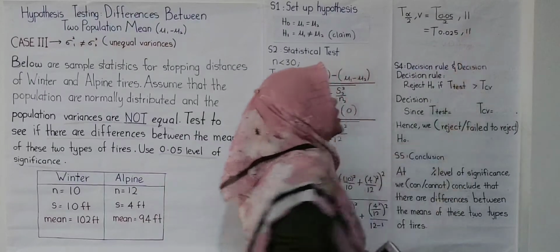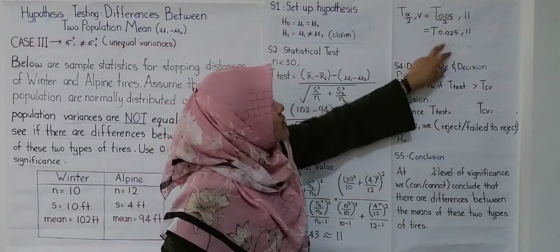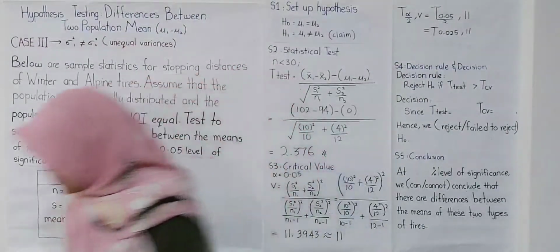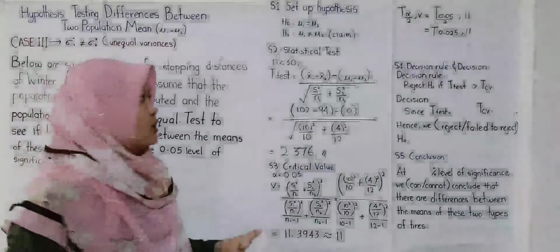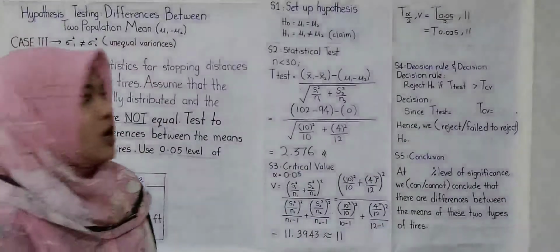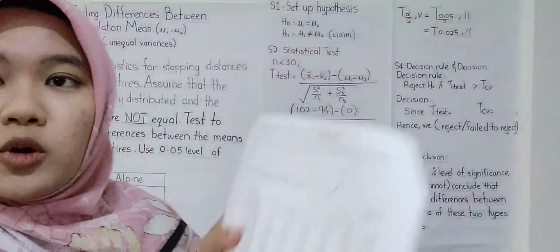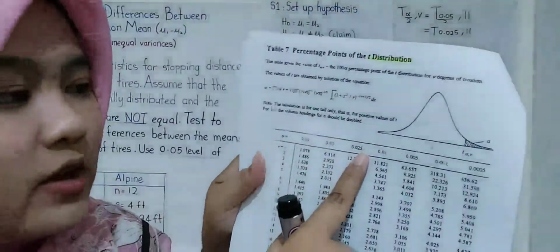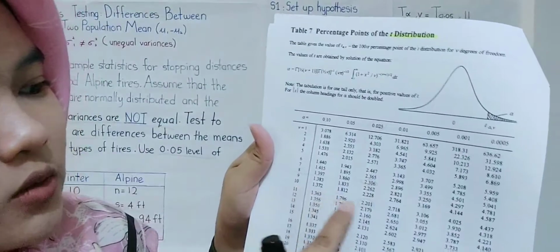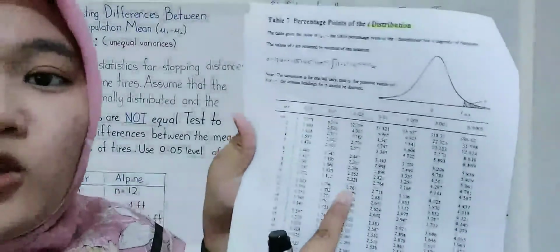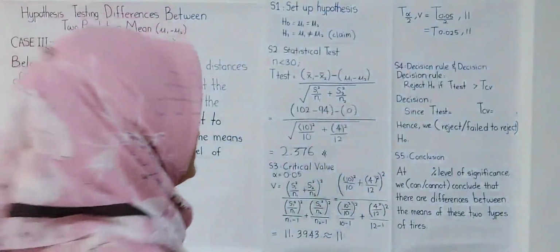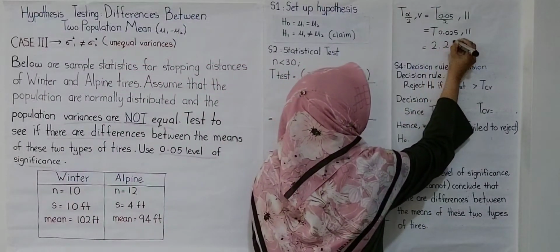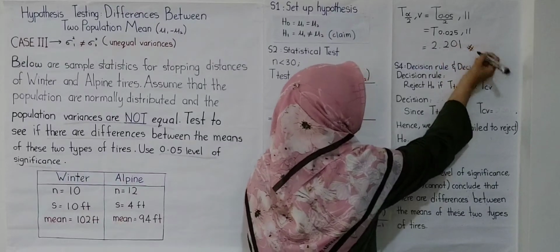Now we just need to refer to the t-table. As you can see, alpha is 0.025, and for v is 11, our critical value is 2.201.